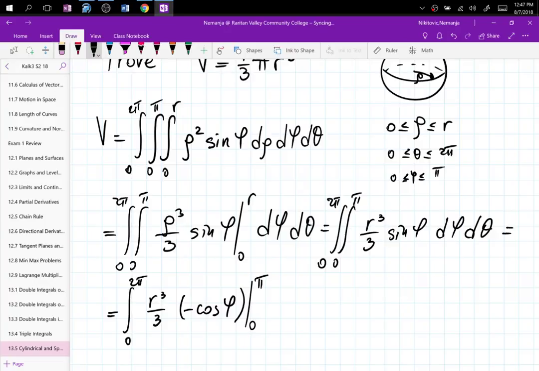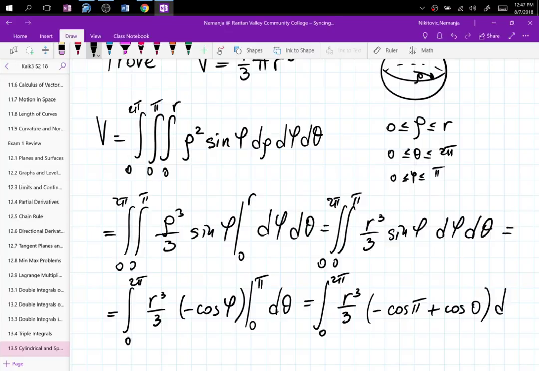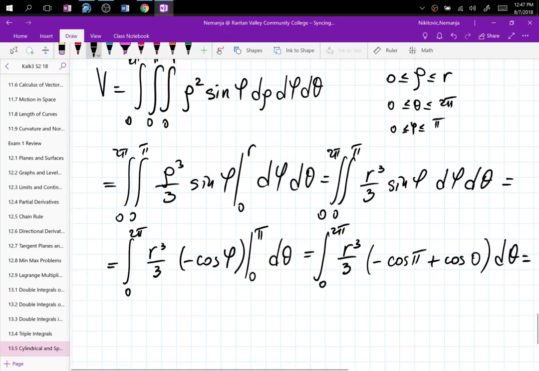And we still have d theta to deal with. 0 to 2 pi, r cubed over 3. Now, we have negative cosine of pi plus cosine of 0, d theta, which further gives us integral of 0 to 2 pi r cubed over 3.